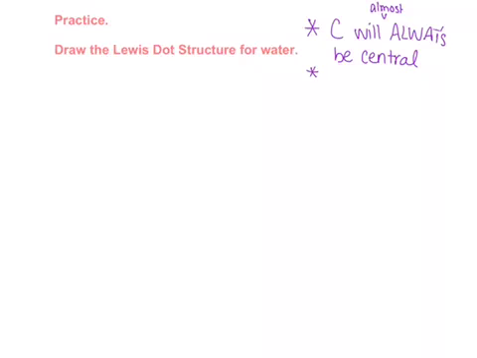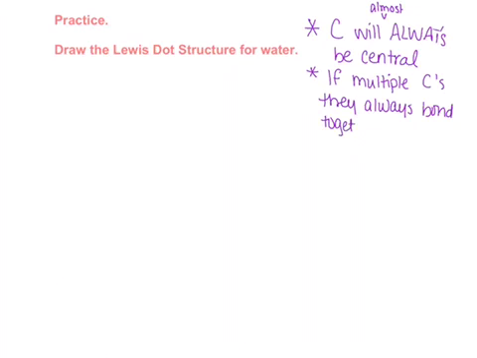If there are multiple carbons, they will always bond together. And by always, it's almost always.